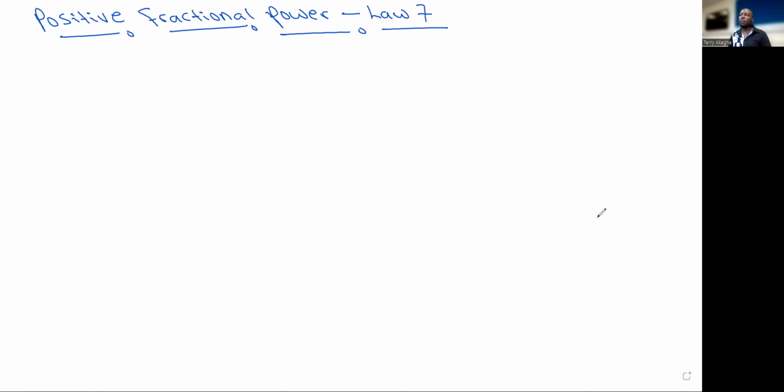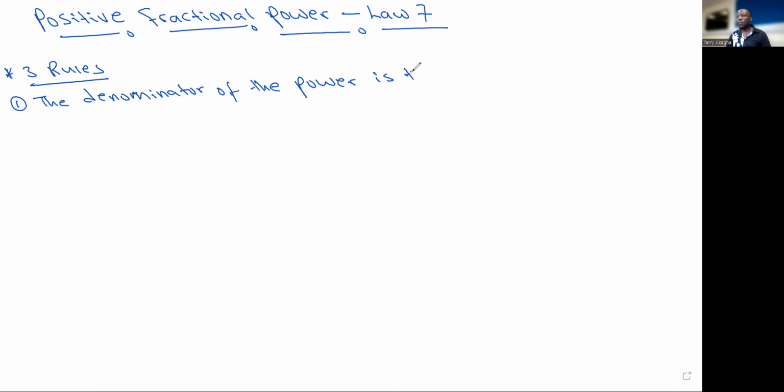So we're going to talk about the positive fractional power. Now, this law applies when the index is a fraction. So when you have an index as a fraction, then this law will apply. Now, there are three things that I need you to keep in mind with this law, all right? So the first thing is that the denominator of the power is the root of the base.